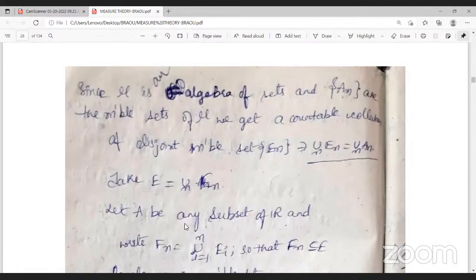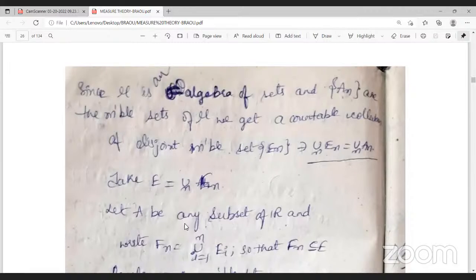What is the meaning of this? Other than En, that is equal to F. So A intersection En bar equals the union of i equal to 1 to n minus 1, which equals F.